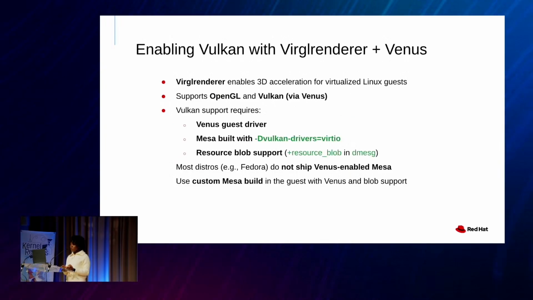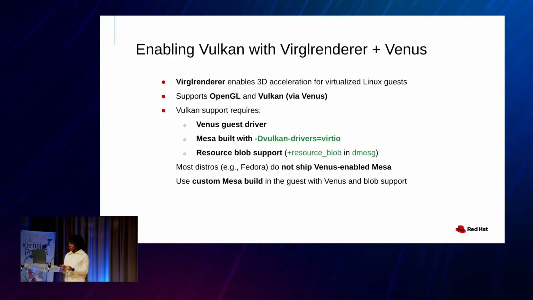To run Vulkan apps inside a virtual machine, we rely on virglrenderer combined with the Venus Vulkan guest driver. But just enabling Venus is not enough, because the backend has to support resource blob, which is important for efficient Vulkan buffer and image handling. You can confirm that by running dmesg and grepping for virgl.